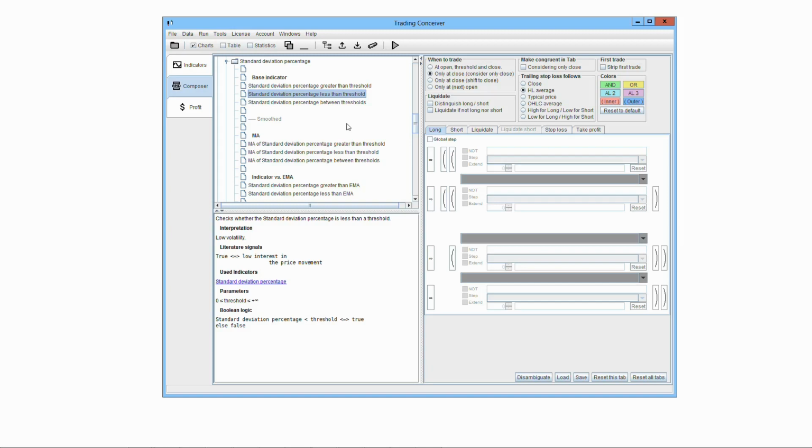If you want to spot where volatility is low, check when a volatility indicator is less than a threshold. As in the previous example, we can take the standard deviation in its percentage version. When the indicator standard deviation percentage less than threshold is true, volatility is low.